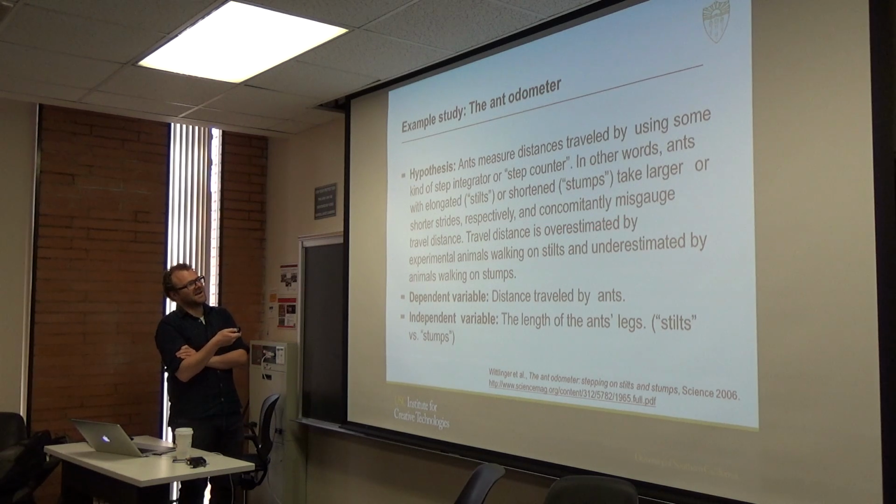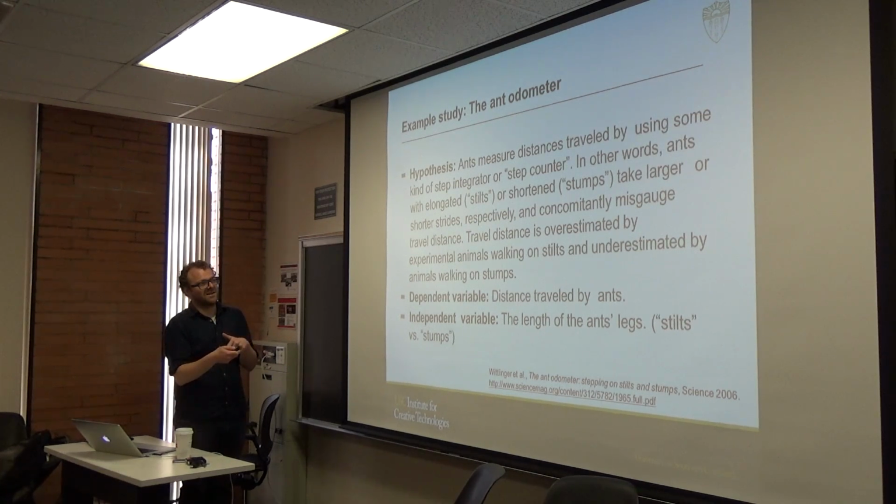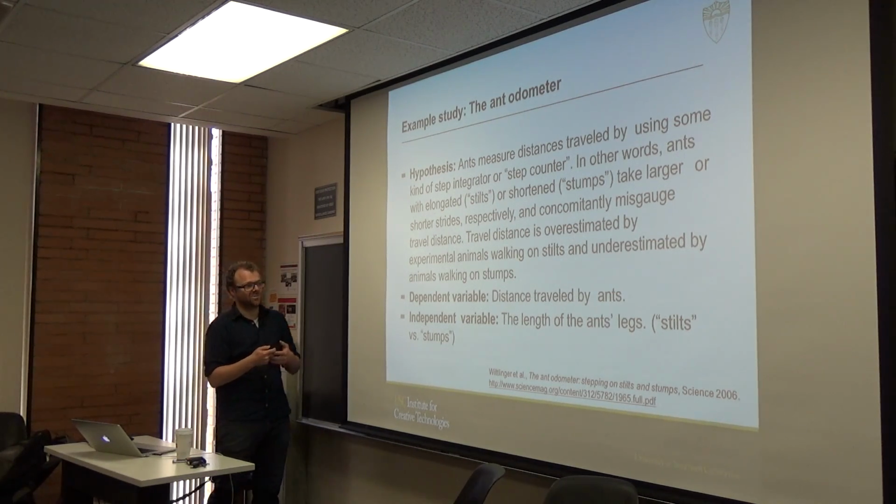In other words, ants with elongated stilts or shortened stumps take longer or shorter strides respectively and concomitantly misgauge travel distance. Travel distance is overestimated by experimental animals walking on stilts and underestimated by animals walking on stumps.